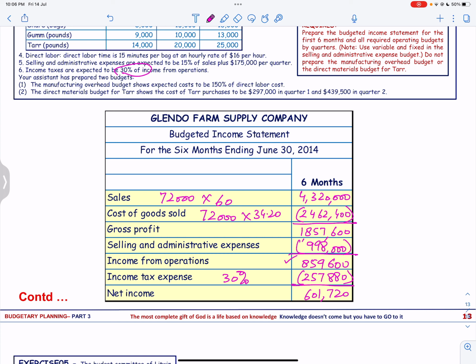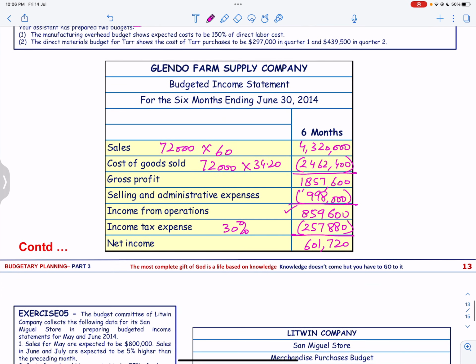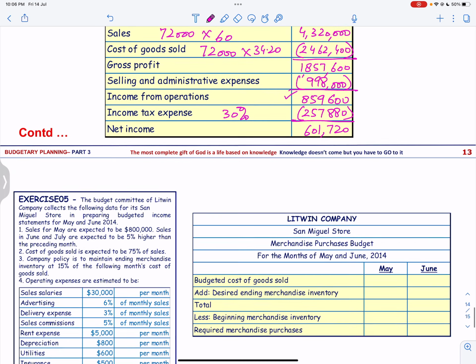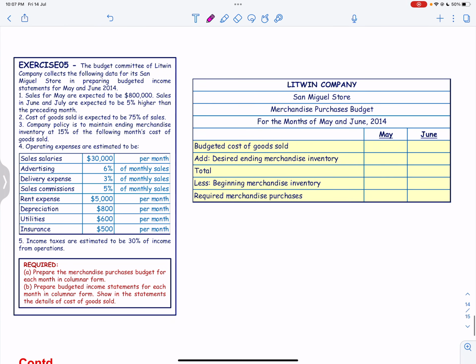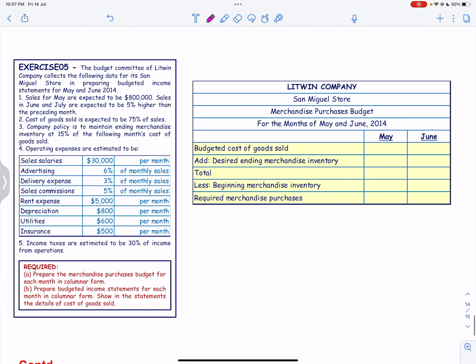Okay. So next, let us solve an exercise on how to prepare purchase and income statement budget for a merchandiser. Now, the budget committee of Litwin company collects the following data for its Sands Miguel store in preparing the budgeted income statement for May and June.